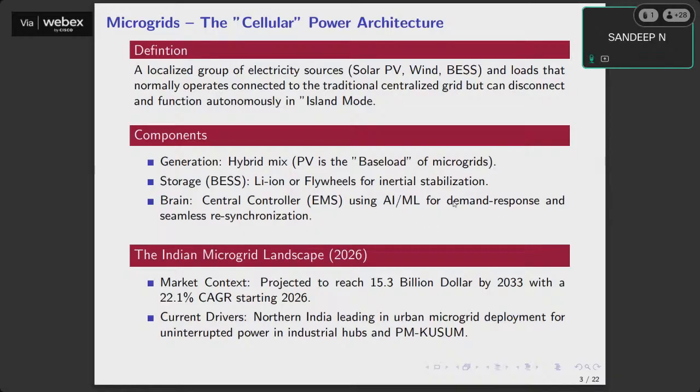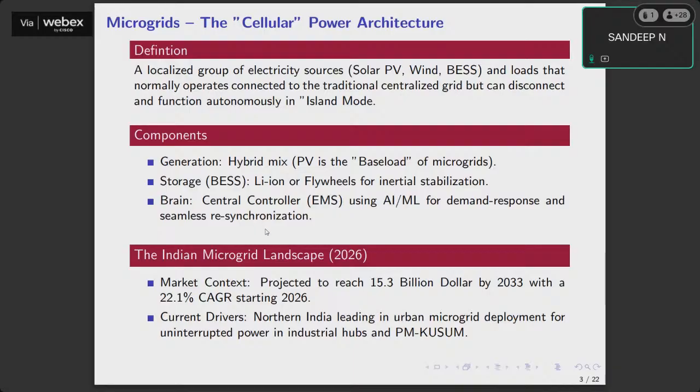Demand response is possible in a microgrid, wherein, depending on the load availability and the source availability, we can schedule the load. We also need seamless resynchronization. This resynchronization is required whenever our microgrid goes into island mode, and it has to be seamlessly connected back to the grid.